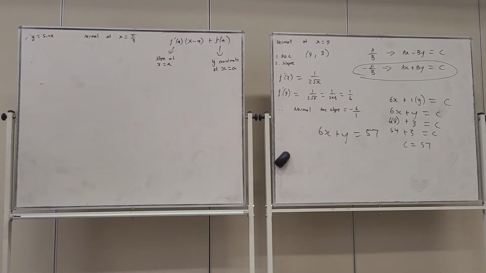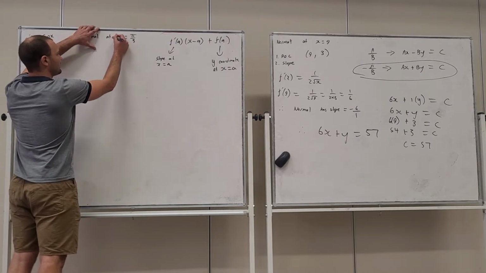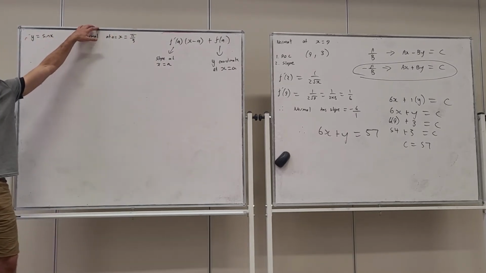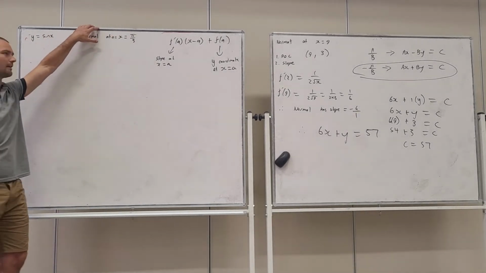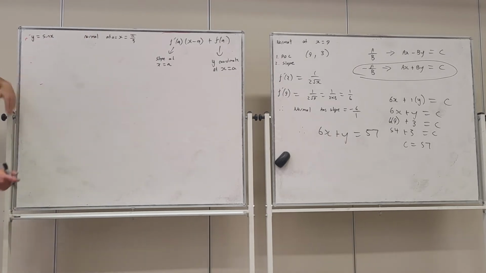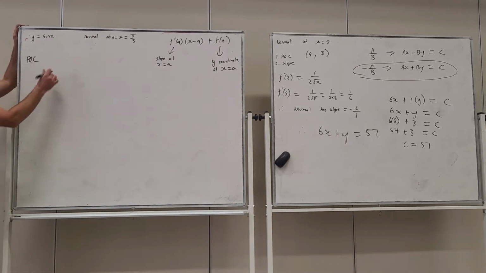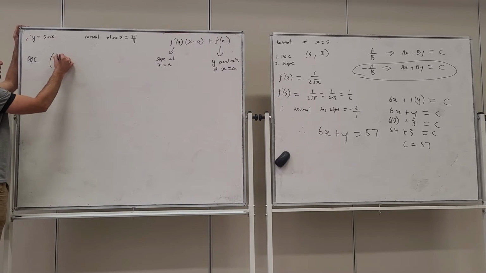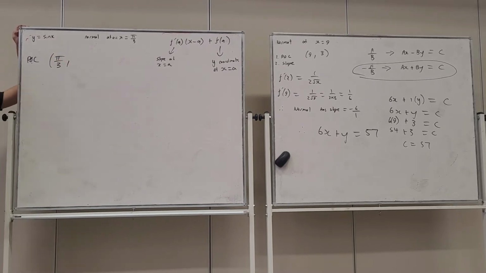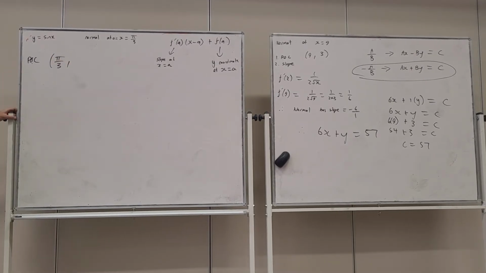So we still need to find those things. In this circumstance, we're finding the tangent at x equals pi on 3. So the point of contact is going to be x is pi on 3, y is sine of pi on 3.